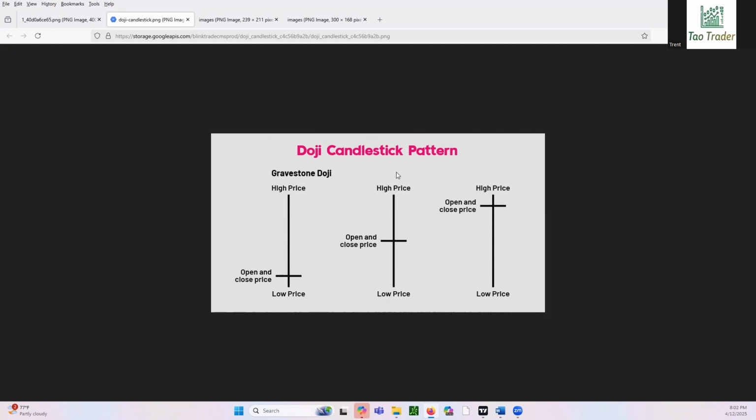However, it tried going up and failed, tried going down and failed. That's really a strong sign of indecision, especially when it comes to higher time frame candles. In theory, we don't know if buyers or sellers are in control because price failed to go both ways.